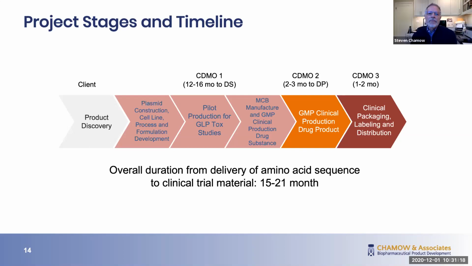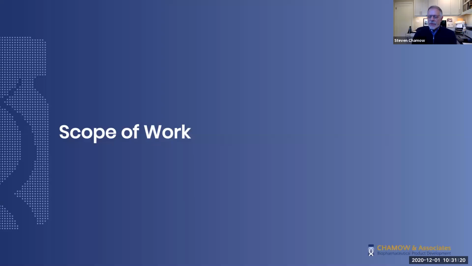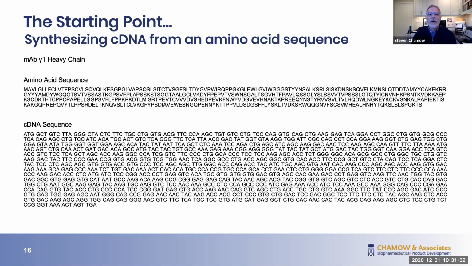Thanks, Tracy. Okay, so let's switch to talk about the scope of work for this particular program. So the starting point, as we said, was synthesizing cDNA from any amino acid sequence. This is an example of a monoclonal antibody gamma-1 heavy chain amino acid sequence and cDNA sequence.